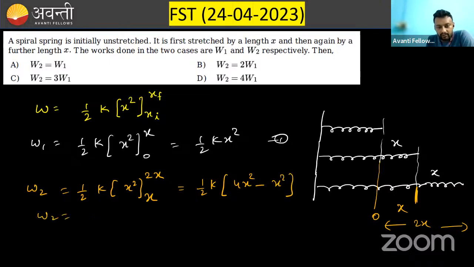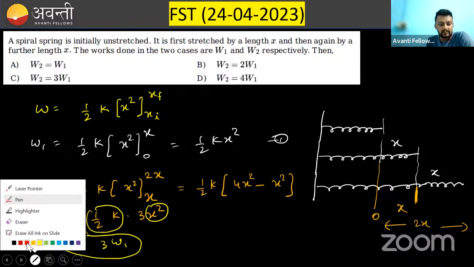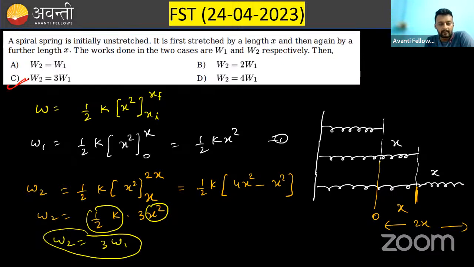So W2 is equal to half k into 3x square. Half k x square is nothing but W1. So W2 is equal to 3 times W1. This is option number C.